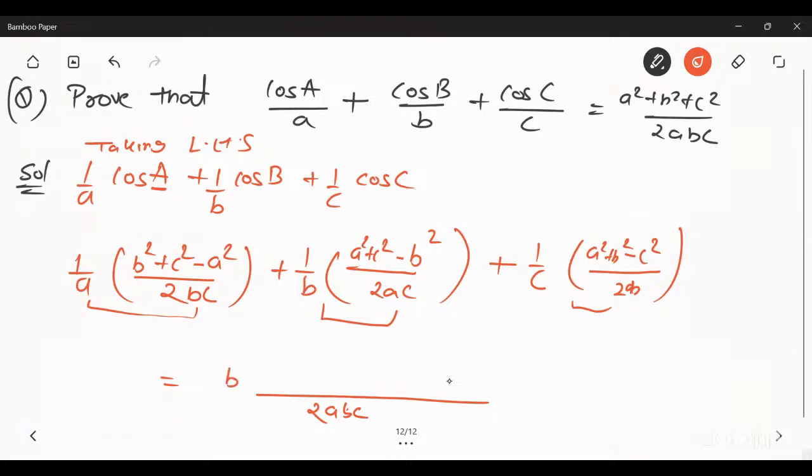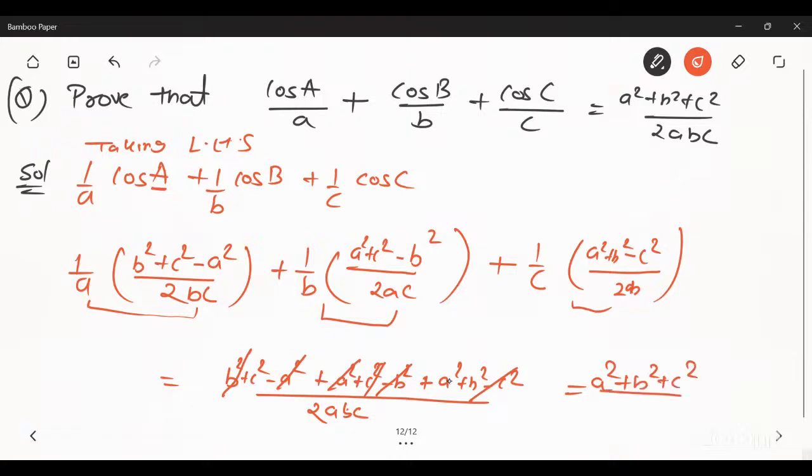First b square plus c square minus a square, second a square plus c square minus b square, third a square plus b square minus c square. Now the a square terms, b square terms and c square terms will cancel. What will be left? a square plus b square plus c square upon 2abc. This was also your formula, and it will come in your previous year question to prove.